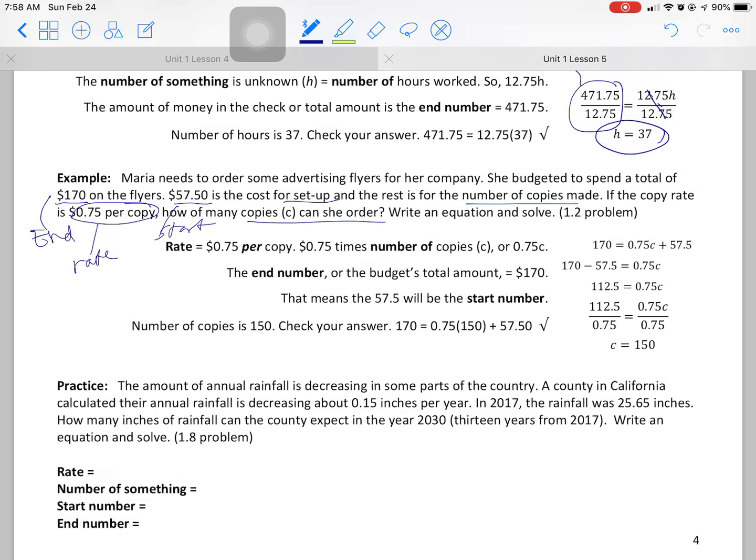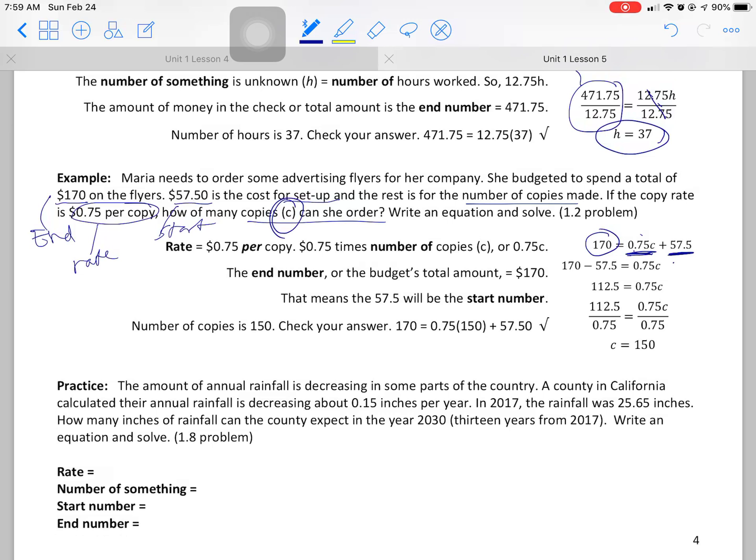Okay, so this is how you set that up. Here is the rate times the letter, the variable they want us to use. So if it's 75 cents per copy, that's 0.75C, right, times C. Here's the start amount, because that's the start amount for any setup, and together that number can't go over 170. So how does she solve for C, for how many copies she needs?